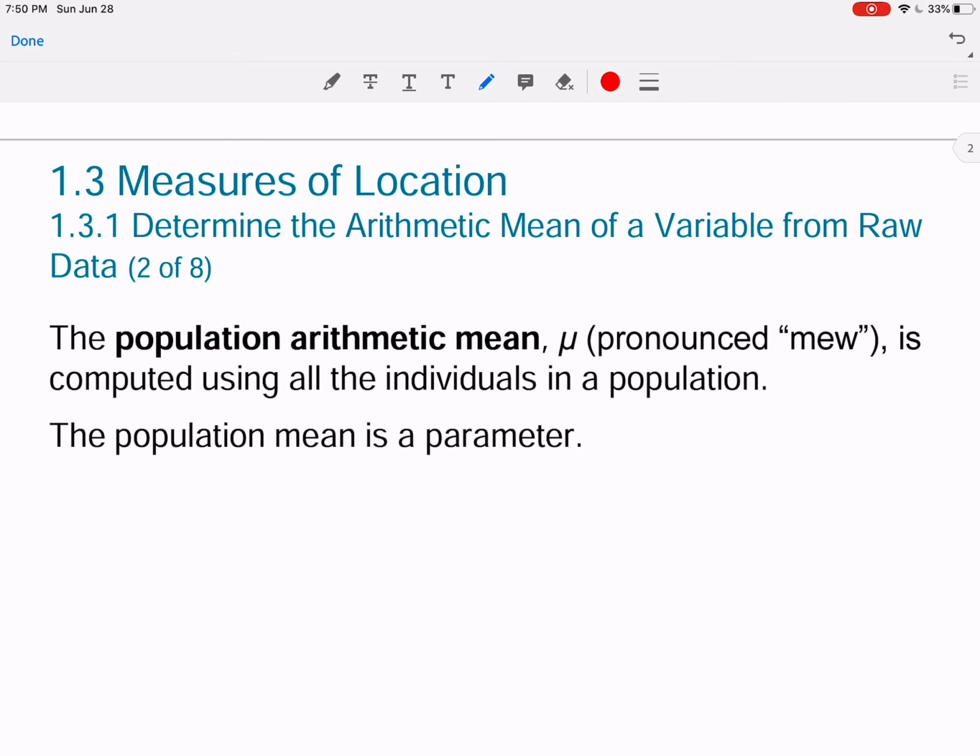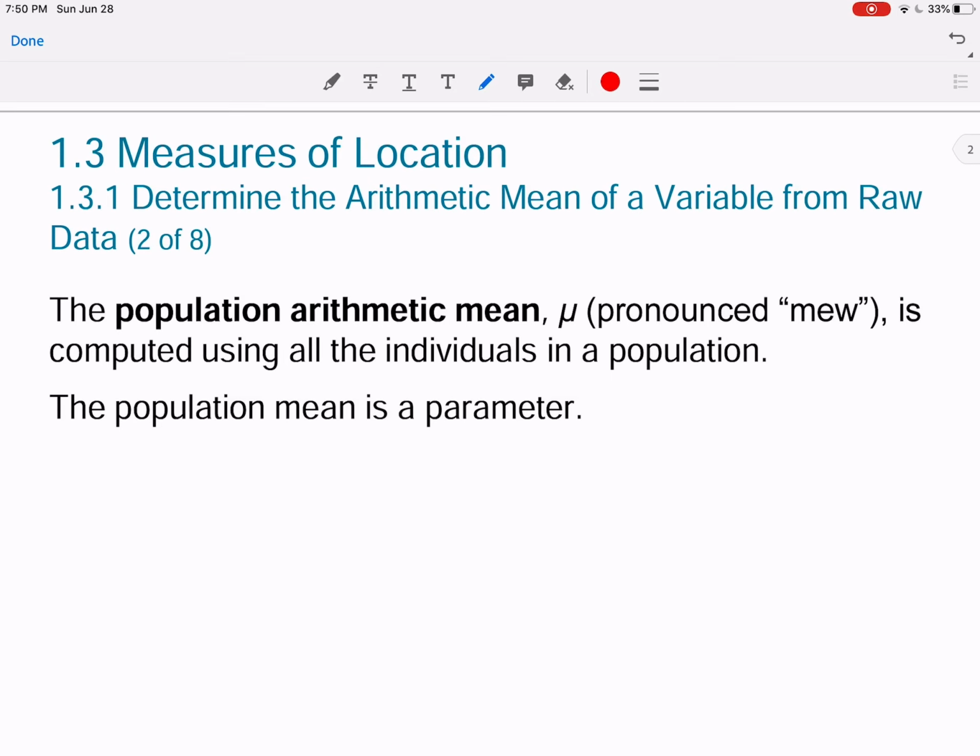And based on what we learned in section 1.1, we know that we're going to learn two kinds of numerical summaries. One is called a parameter, and one is called a statistic. Parameter goes with the population, statistic goes with the sample. So of course, since the mean is a numerical measure, we're going to have the population mean and sample mean.